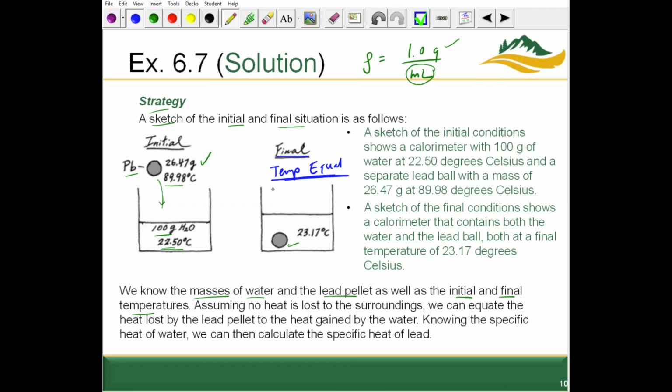That means the temperature of the lead is going to equal the temperature of the water. There's going to be a heat exchange between the lead and the water until they reach the same temperature. Based on the heat capacity and how much water there is, and based on the heat capacity and how much lead there is, that tells us how the heat exchanges between the hot piece of metal and the colder water.